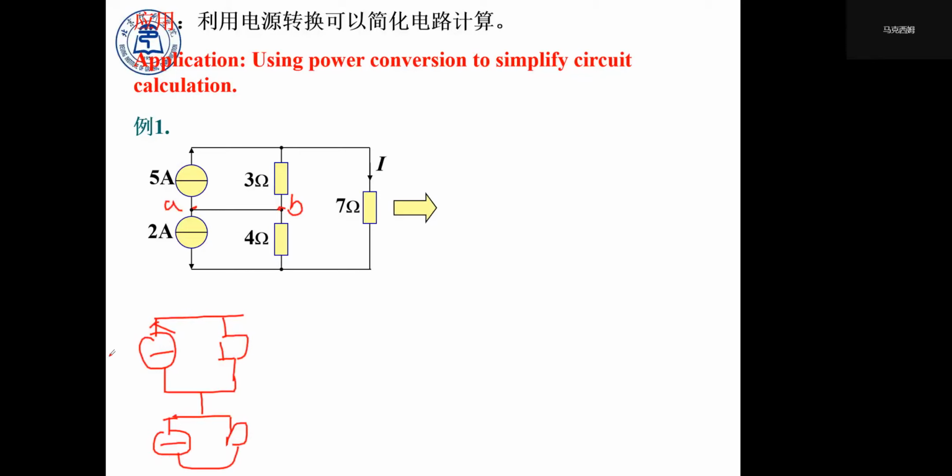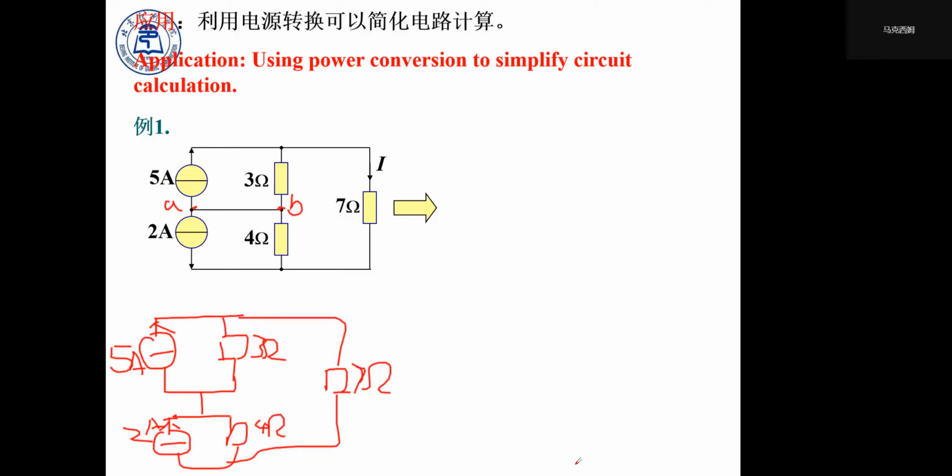Right? This is 5 ampere. This is a 2 ampere. This is a 3 ohm. This is a 4 ohm. And those two are connected to a 7 ohm resistor, right?